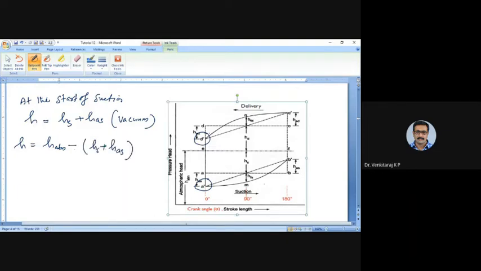This will be in absolute units, in vacuum units, vacuum for negative pressure.